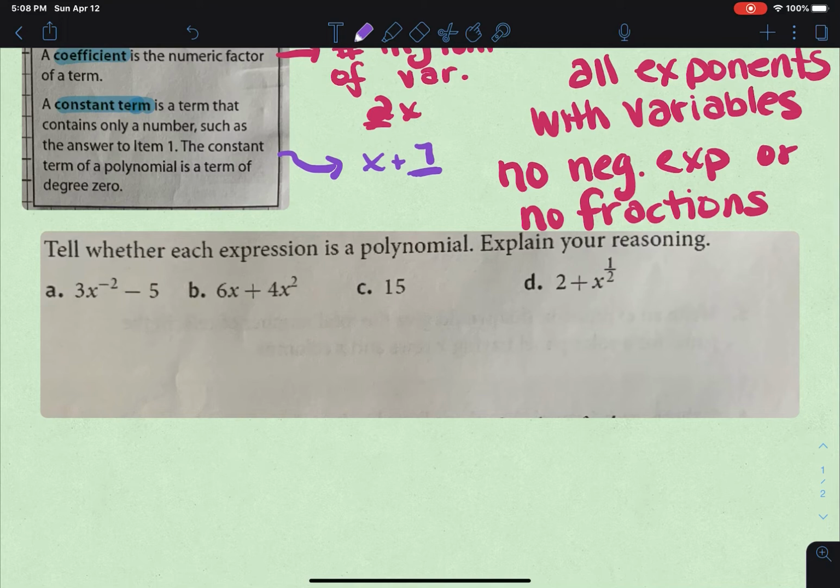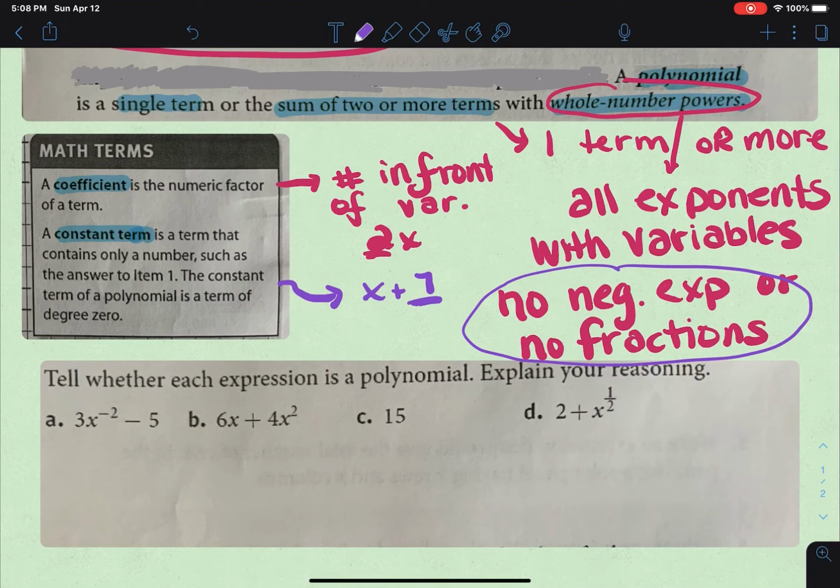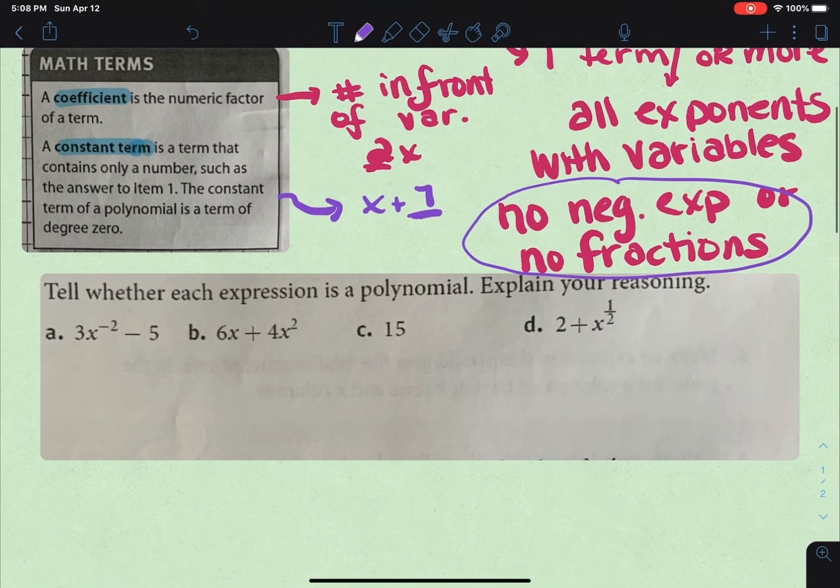Now this one says, tell whether each expression is a polynomial and explain your reasoning. So remember, we have two things that we have to stay away from. If it's going to be a polynomial, there can't be any negative exponents or any fractions as exponents. And we also have to remember that it's got to have whole numbers for the exponents. So on A, it's 3x to the negative 2 minus 5.